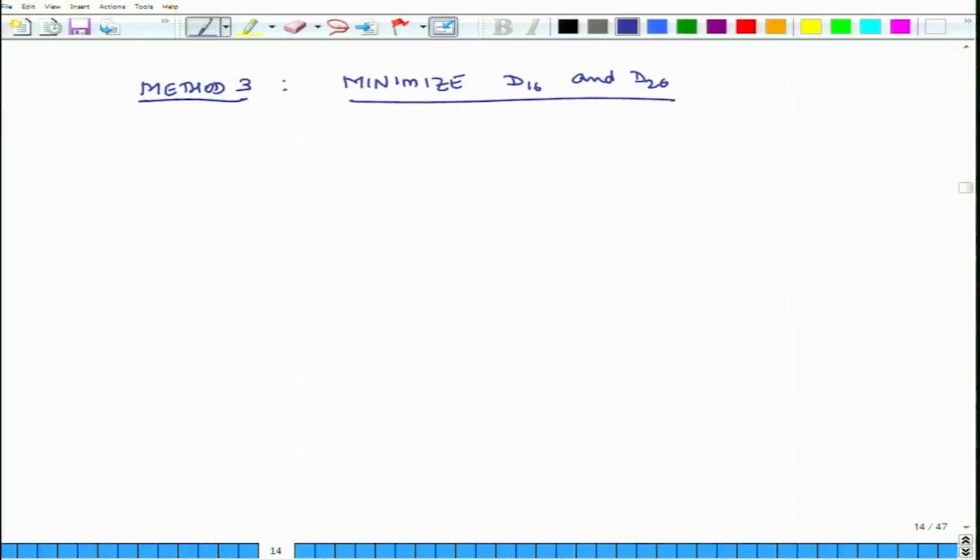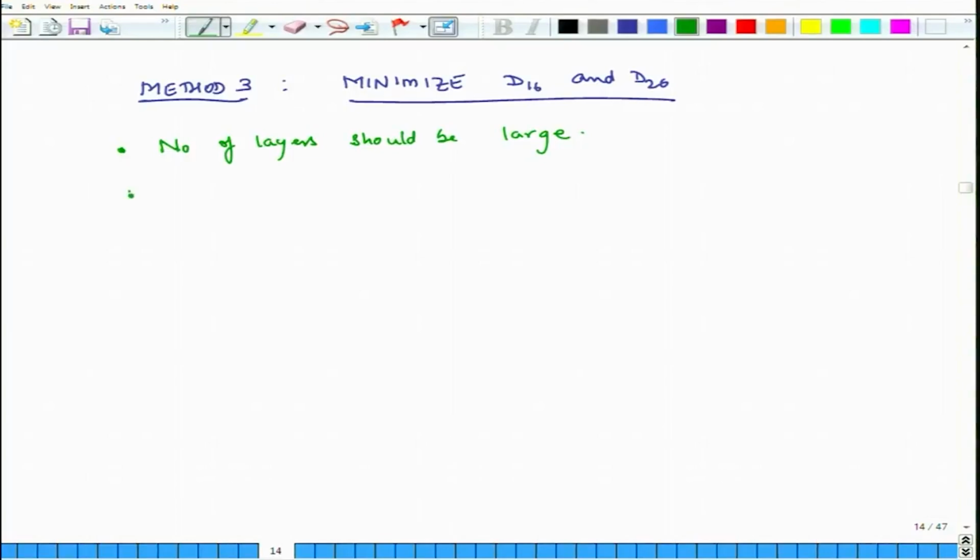So, how do we do that? We do that using some guidelines. First thing is the number of layers should be large. Okay.